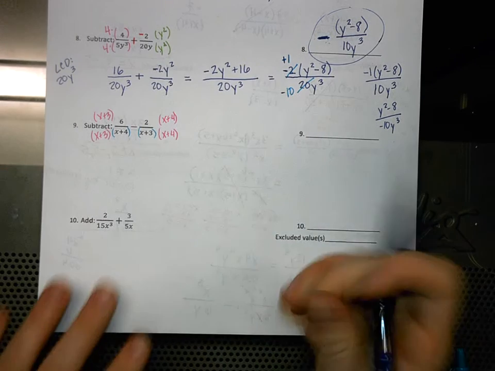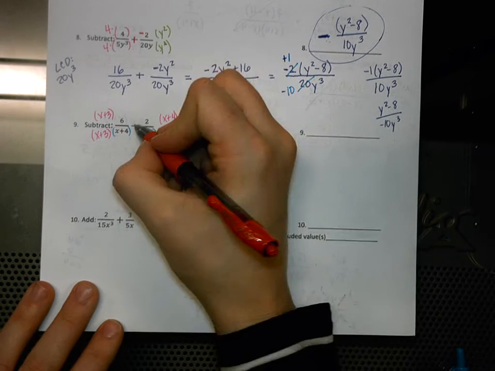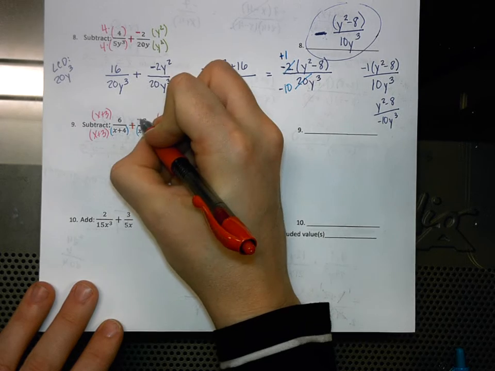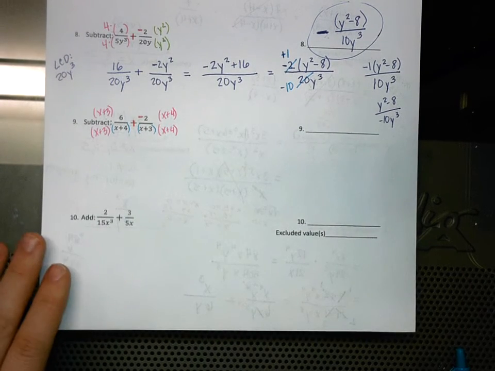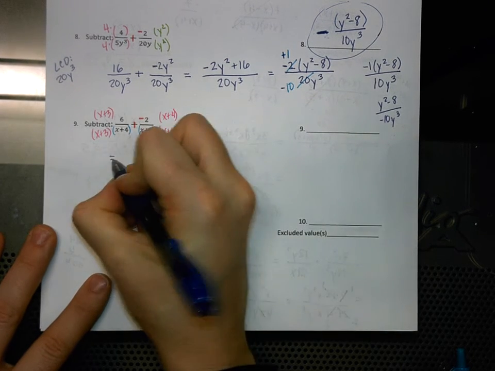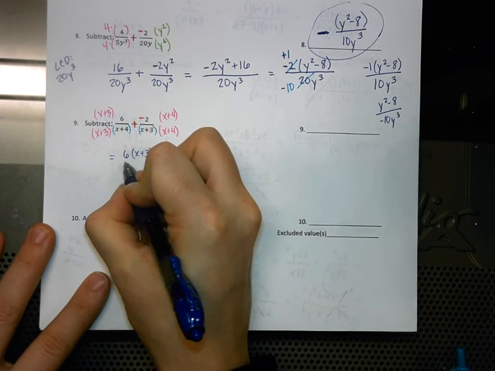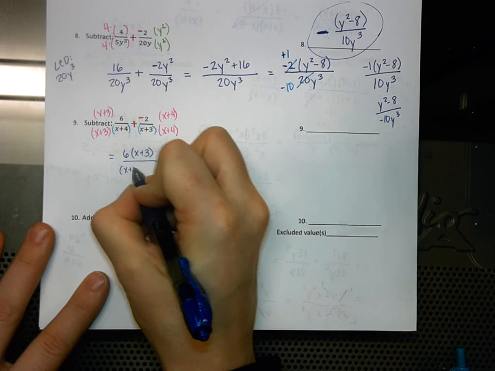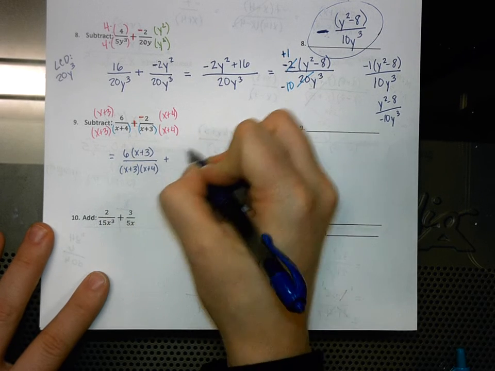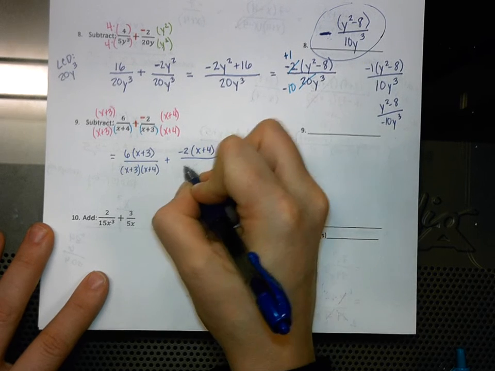Don't forget, with subtraction, we're going to add the opposite. Okay, so I have 6 times x plus 3 over x plus 3 times x plus 4 plus negative 2 times x plus 4 over x plus 3 times x plus 4.